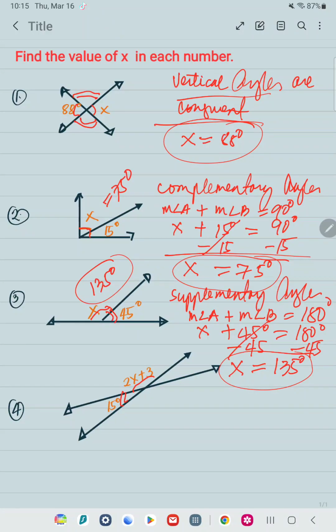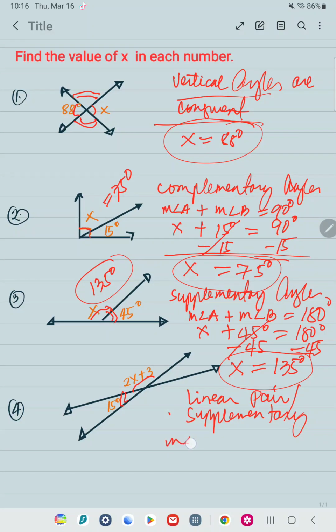The sum of the angles of a linear pair is always equal to 180 degrees, which means a linear pair will always be supplementary. So it means we can also get the sum of these and equate it to 180. So let's say linear pair, or at the same time, they are also supplementary.